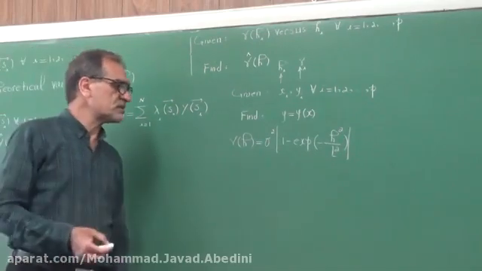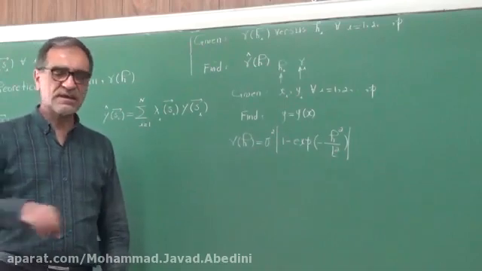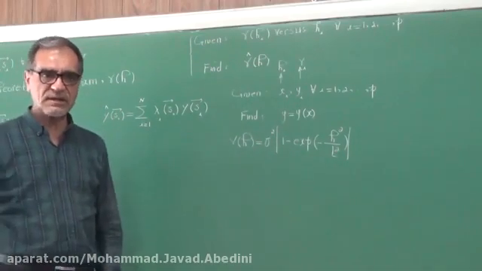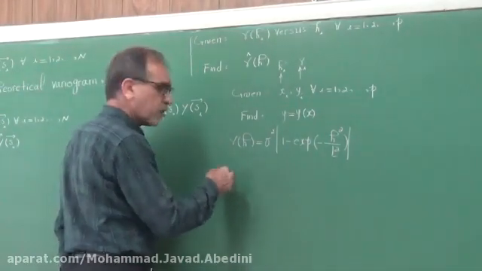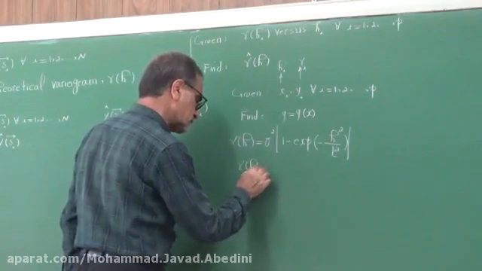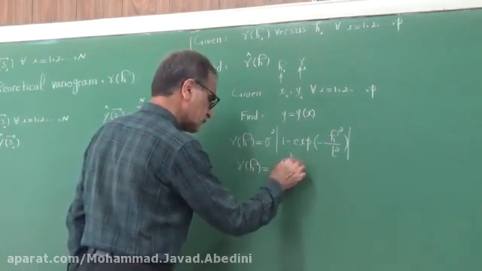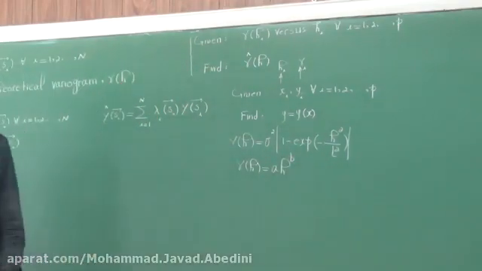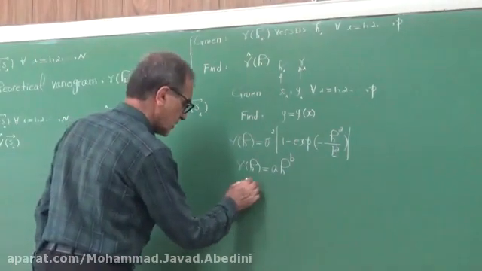The second page is concerned with the exponential variogram model. The third page with spherical and so on. And then we have the power model, and we have the linear model.